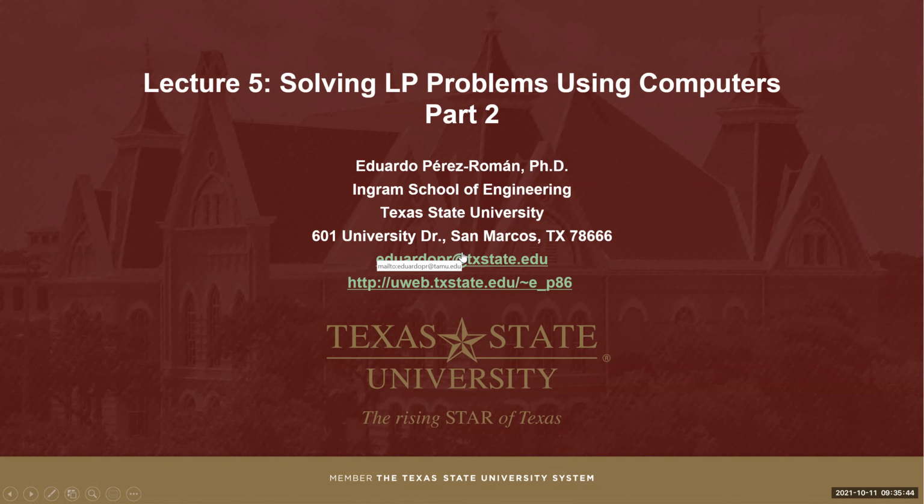So today we're going to transition to a different software. This is a commercially available software called Ample, and this is another tool for your toolbox in terms of solving linear programming and other types of optimization problems in the future.